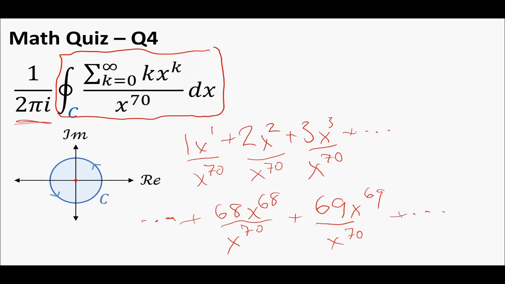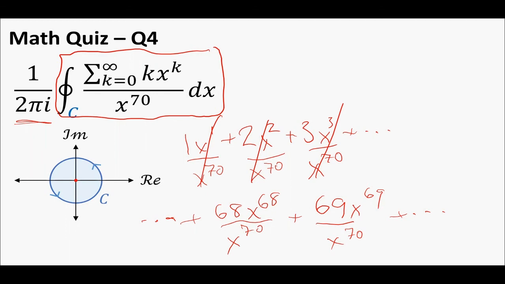The reason I wrote these two terms out is that every single term in this infinite series, when you do the cancellation of these x's and integrate around the origin, will turn into zero because it's not in the form of 1 over x.